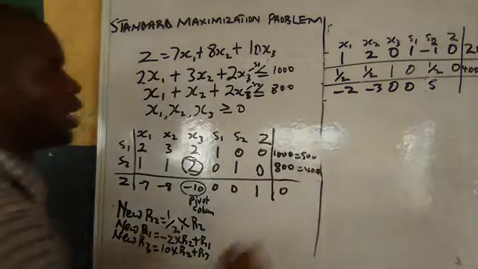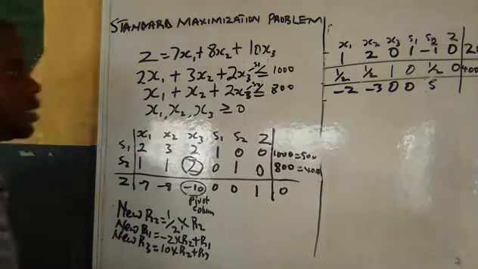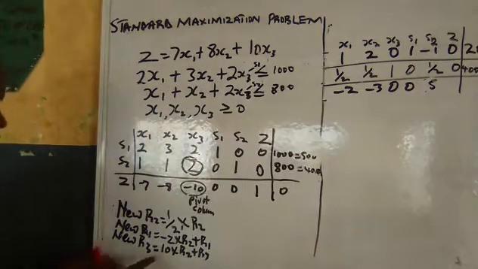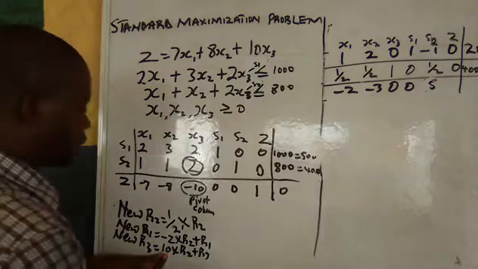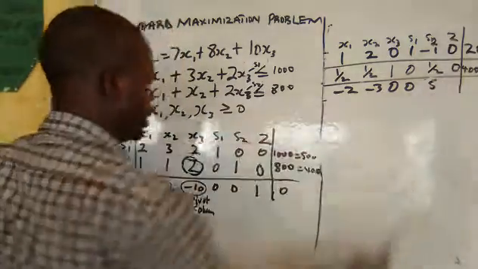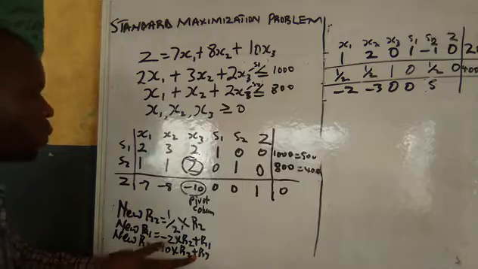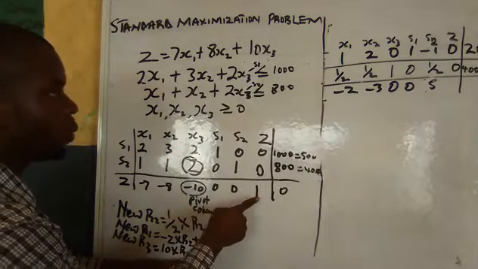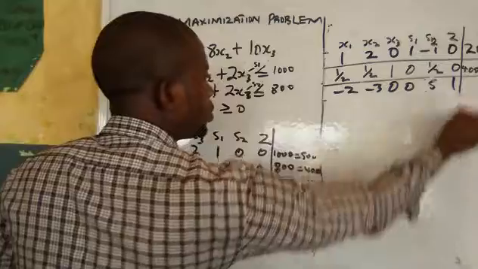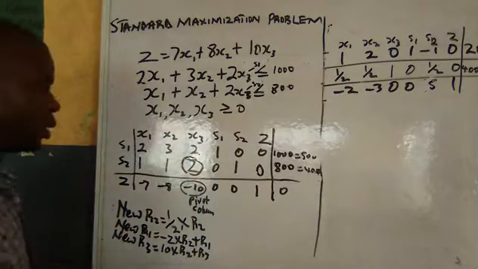Then the last one here, Z here. That's going to be 10 times 0 here, 0, plus R3, which is 1. It's going to be 1.